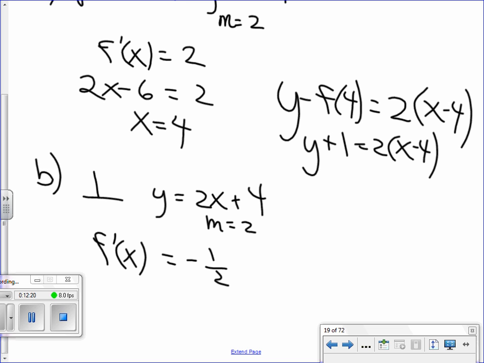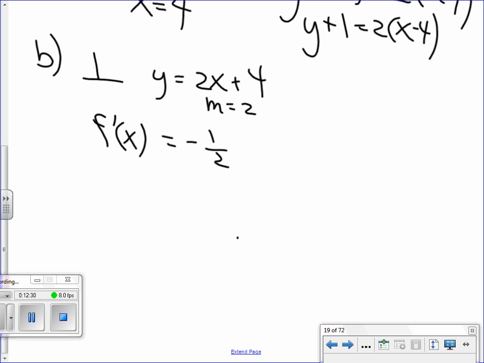So now we'll once again just have to figure out what x is that makes the derivative equal to negative 1/2. And what was our derivative again? 2x minus 6 equals negative 1/2. So we're going to add 6 to both sides. 6 is the same thing as how many halves? 12 halves.